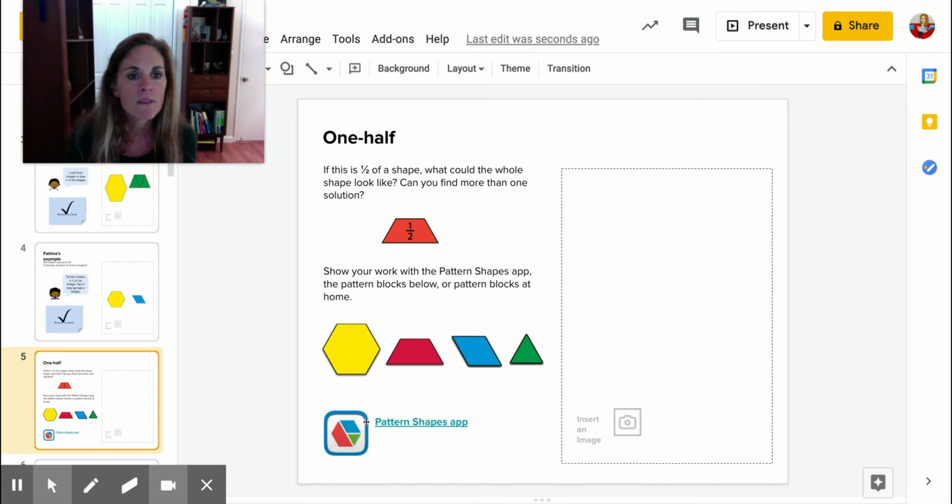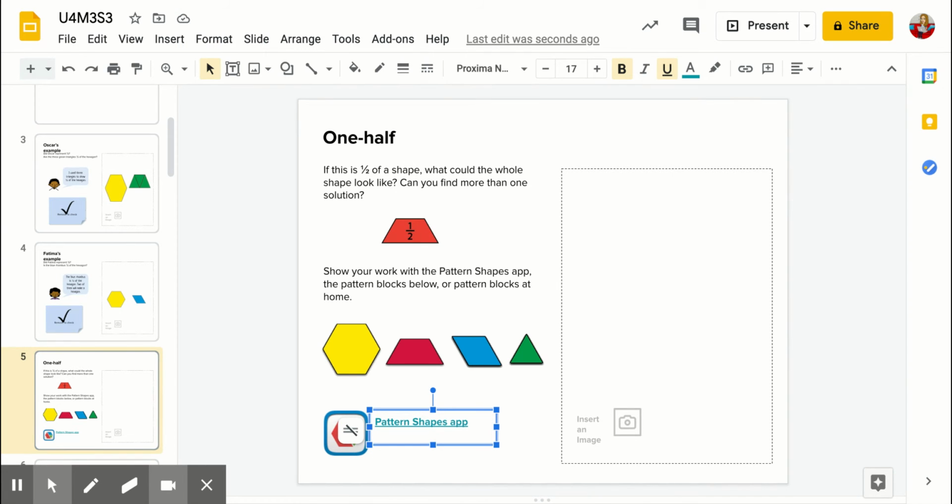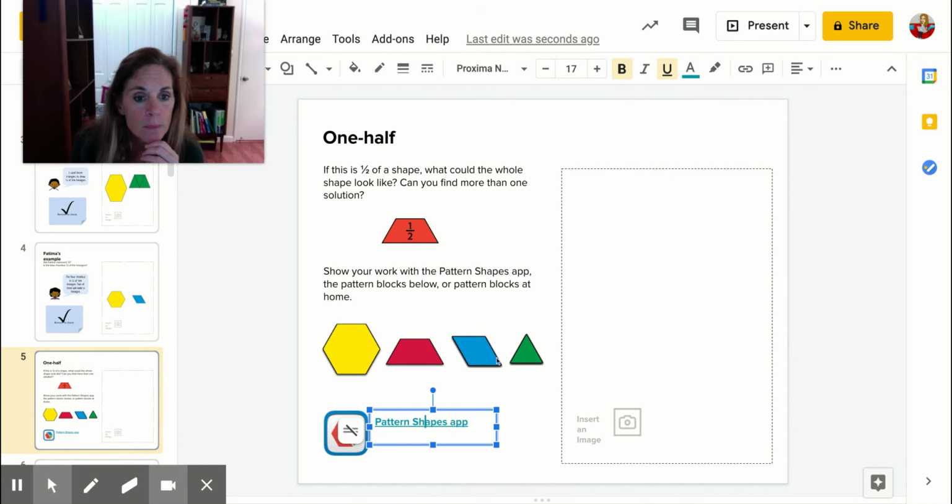All right, let's go to the next slide. 1/2. If this is 1/2 of a shape, what could the whole shape look like? Can you find more than one solution? So if this is half, I want you to click on these pattern shapes, and I'll click on it, but you won't be able to see it, I don't think. Let's see.